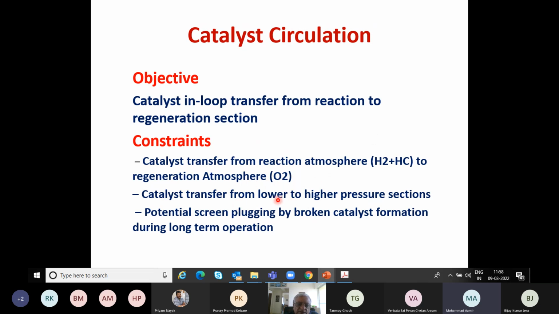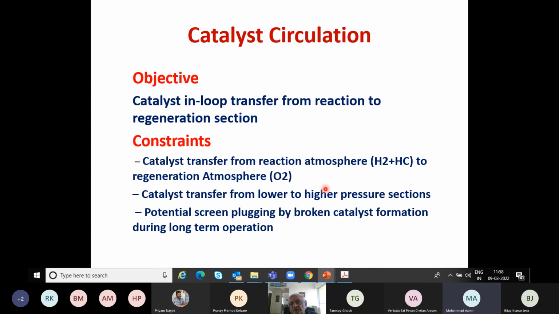And also the transfer of the catalyst is from a lower to a higher pressure section, because as you go along, the pressures actually go on reducing. And also this catalyst is subject to attrition. As it keeps on passing through so much of metal, it goes through the screens, it goes through valves, it goes through so many equipment.